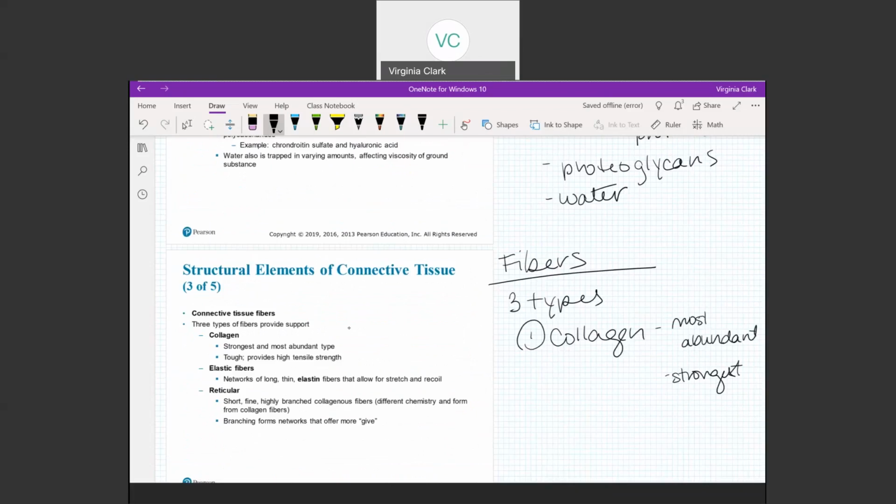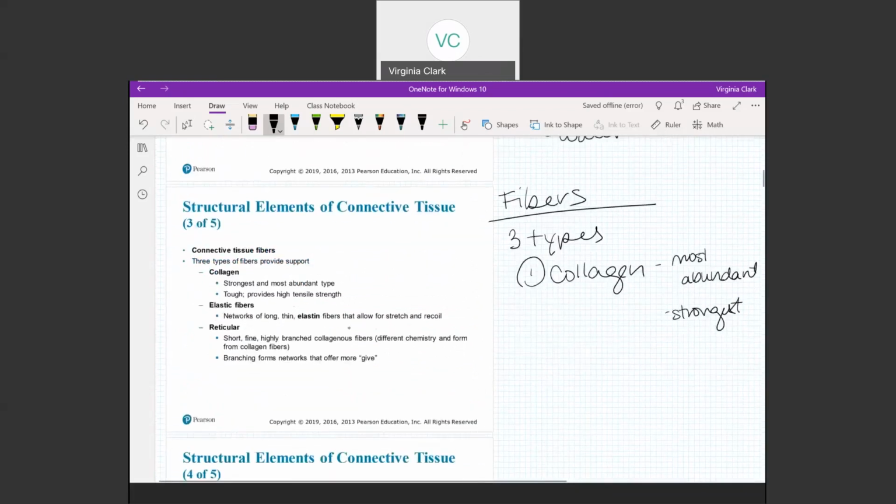So this is going to be the Mac Daddy one that we want. The second type of fiber you're going to have is elastic. I've also seen it as elastin, but you'll see it as elastic. These are going to be long, thin fibers. And they are not going to just be the strongest, they're going to allow for stretch. So that's very important as we're going to talk about some of these different types of connective tissue.